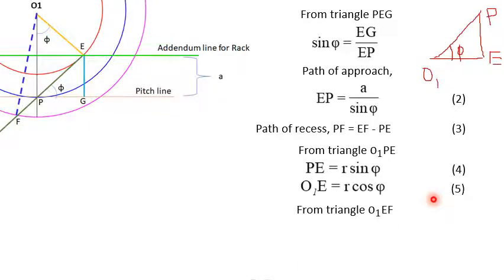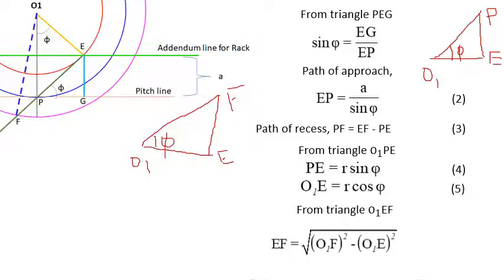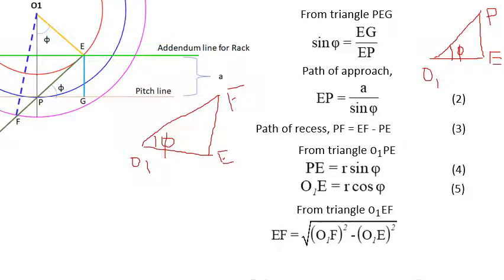Okay. I will consider another triangle, O1EF. This is O1, this is E, this is F. I want the length EF. EF is not the longest side, so it is the square root of the longest side squared minus the other side squared.